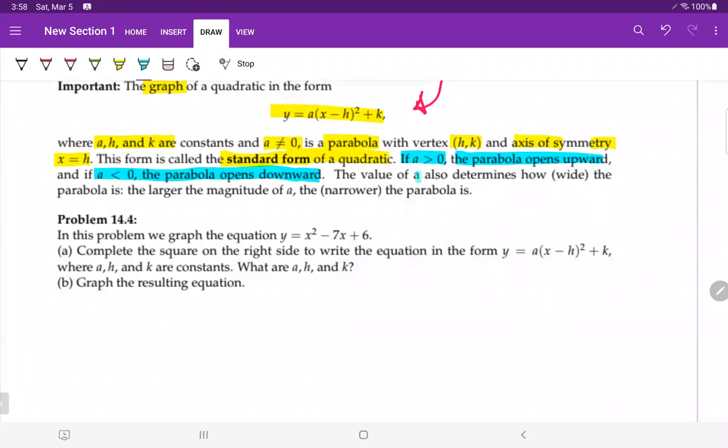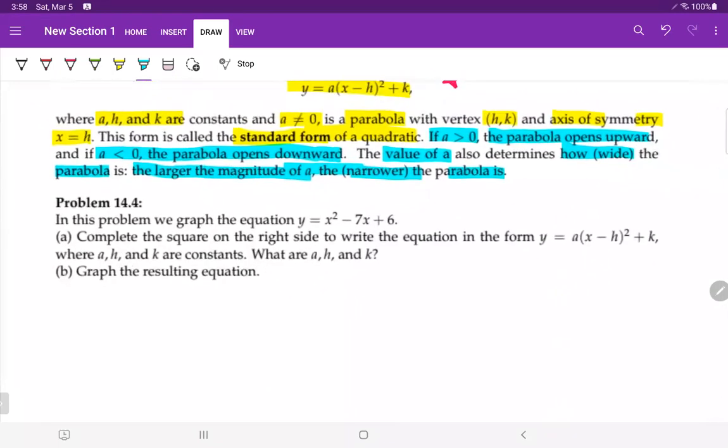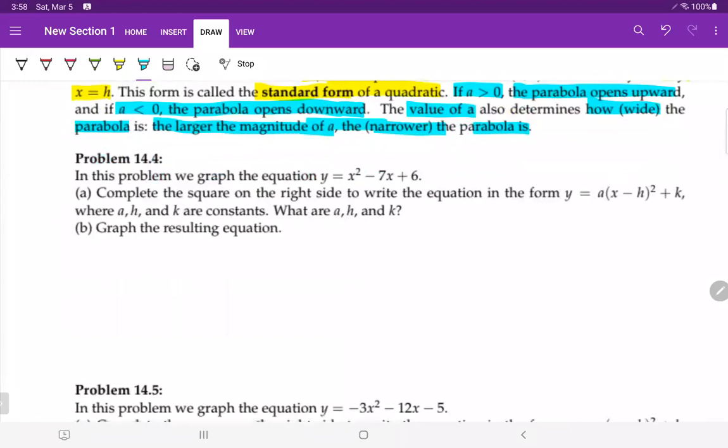The value of A determines how wide the parabola is: the larger the magnitude of A, the narrower the parabola. This is exactly what we've seen already. Very good. Now, we don't have the form we dream to have.